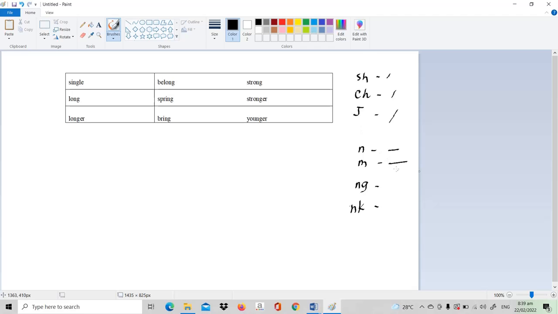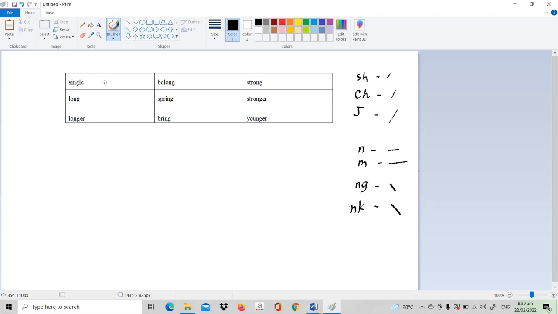Hindi siya nung SH, CH, J. So, yung NK mas mahaba kesa kay NG. And nakita ninyo yung difference nung SH, CH, J to the left, downward. But sa NG-NK, it's to the right. Okay, para hindi kayo malito.